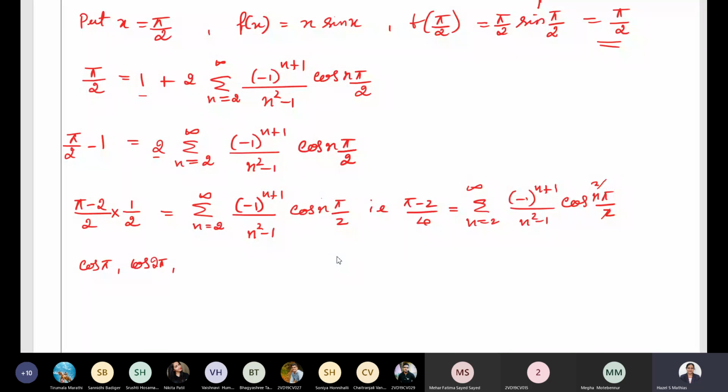Similarly, if you put the even number 6, 3 pi. So when you put even numbers in place of n, you will get cos pi, cos 2 pi, cos 3 pi, etc. And we know the values of them. What are the values of them?